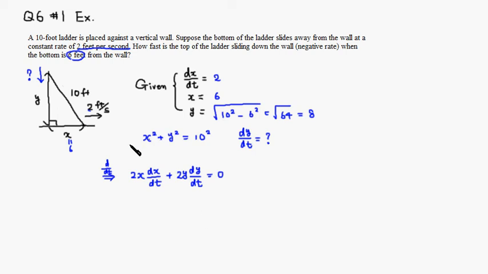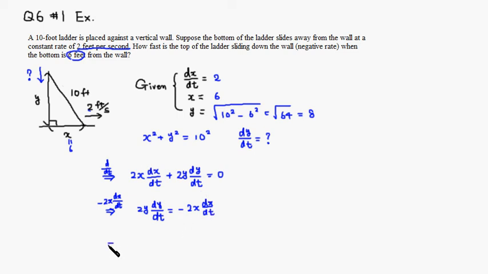Then we try to isolate dy over dt. So I'm going to put this term over to the other side, so I'm going to subtract 2x dx over dt. So 2y times dy over dt is equal to negative 2x dx over dt.